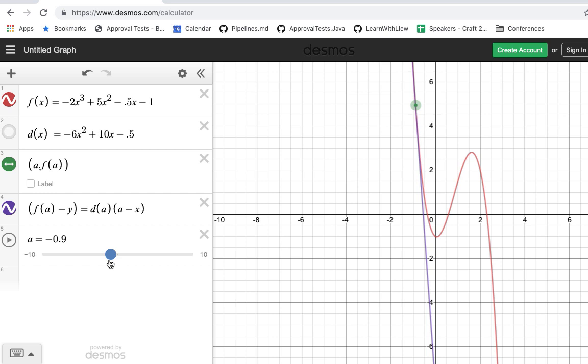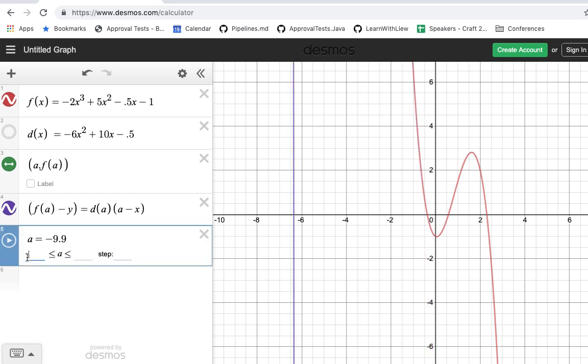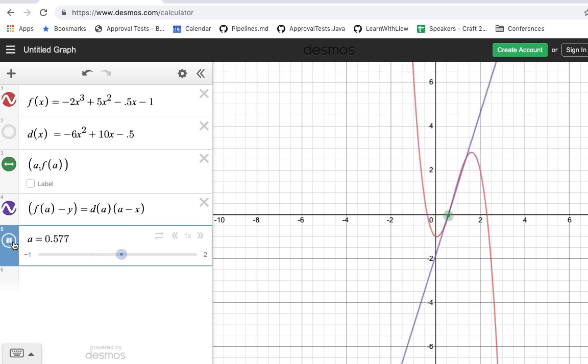Sort of going here between 1 and 2. So let's just start at -1 and go to 2 and hit a play button there. And yeah, now it's not proof, but it's pretty strong evidence that we've gotten our derivative correct.